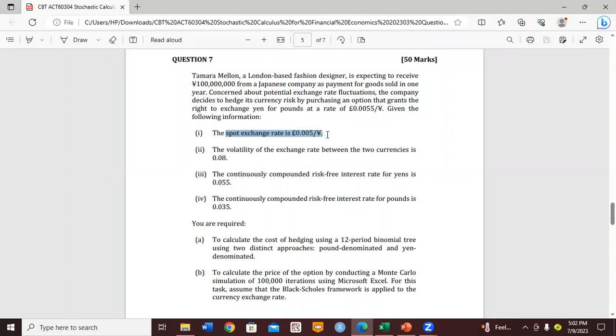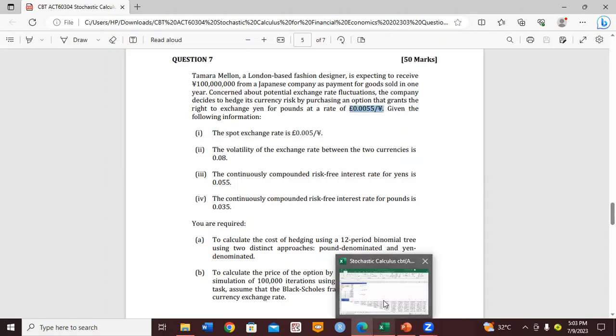Since we're looking at the pound, that's going to be our spot price. And because it gives us the right, our strike price is the option that grants her the strike price she is bargaining for, 0.055 per yen.